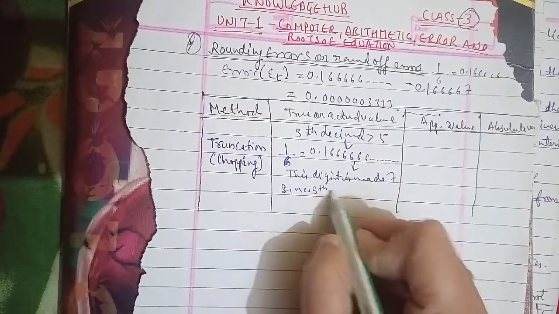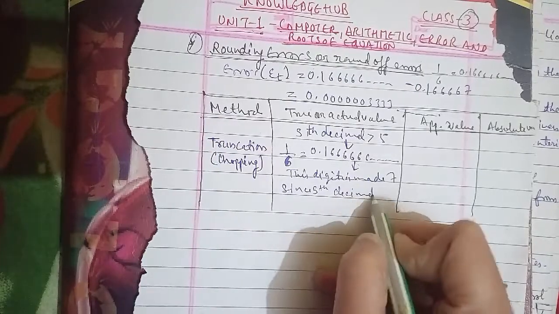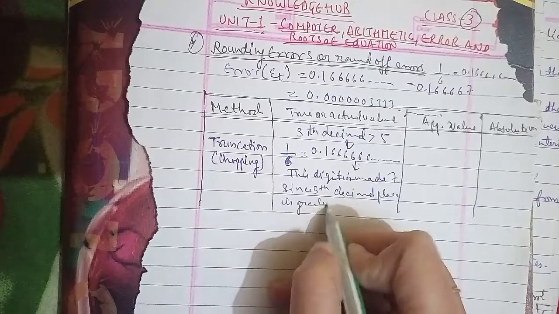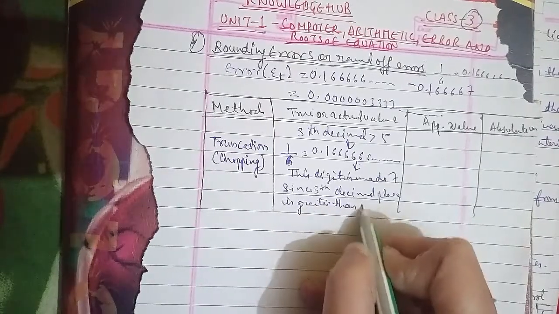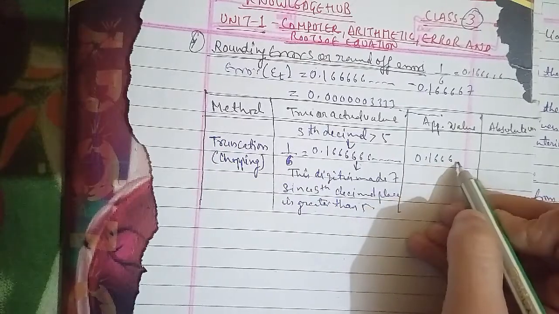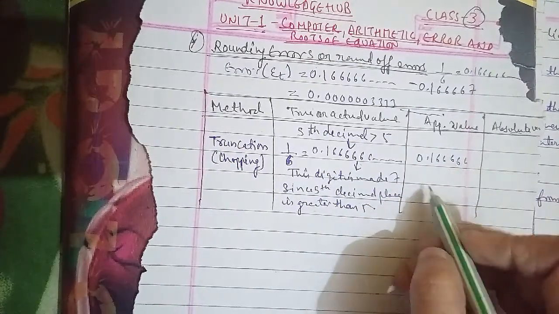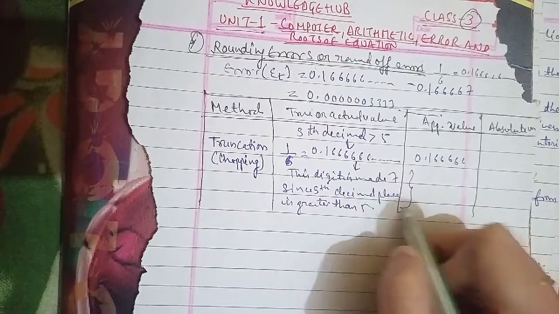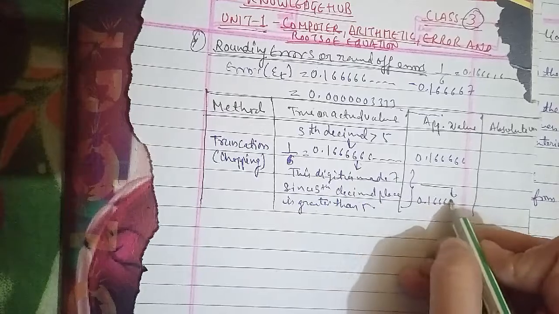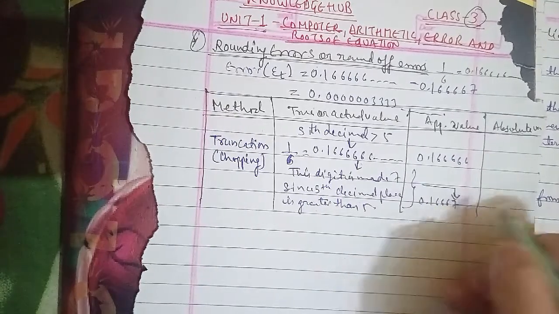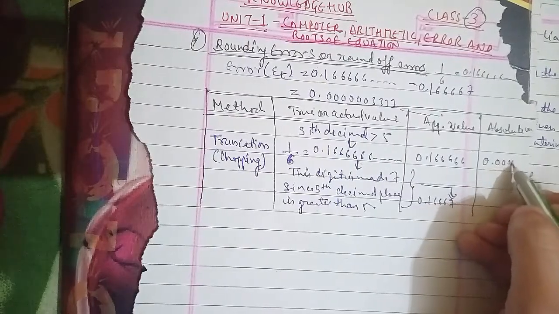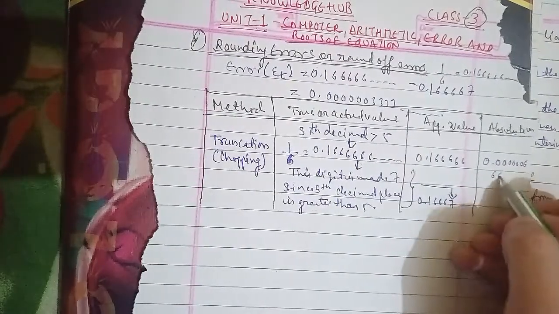So for chopping it will be 0.166666, and for rounding it will be 0.166667. The absolute error will be 0.000000666 till infinity for chopping, and for rounding it is 0.00000033 till infinity. So this is the error in truncation or chopping or rounding off that we have here.